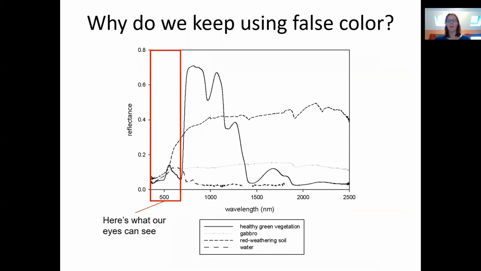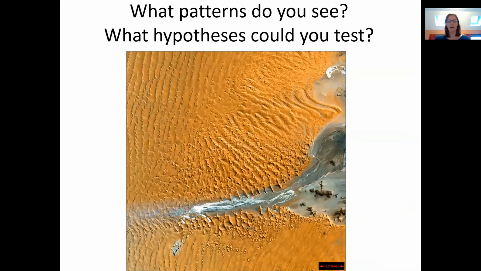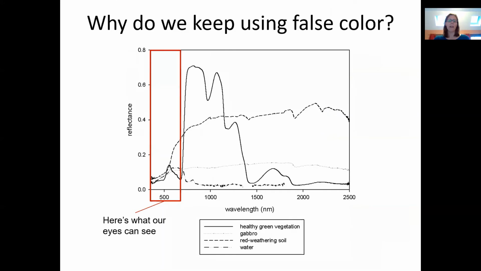Right, so just to go back to that, why do we keep using false color, right? So all of those images, and this one included, is a false color image, not what you would see in actuality flying over that location. And the reason is that there's a lot of really interesting stuff going on in longer wavelengths. So that red box is what our eye can see.